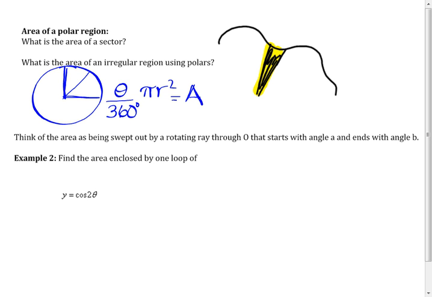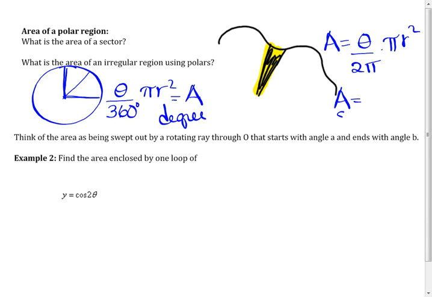So we take our angle over the radians in a full circle, 2 pi, times pi r squared. I'd like to show that because then it makes sense, otherwise you'll ask where I got that formula. The pi's cancel, so the area of a sector is theta over 2 times r squared.